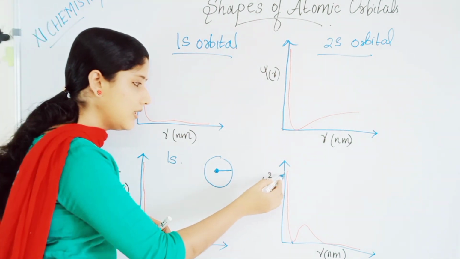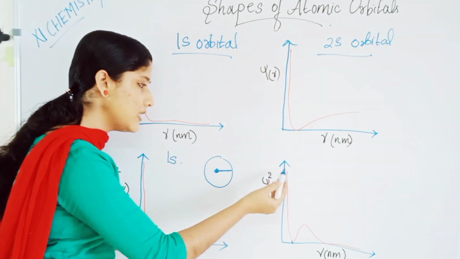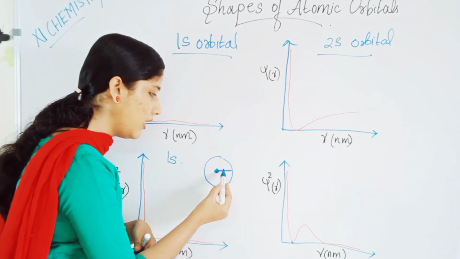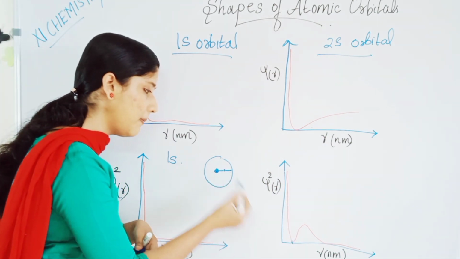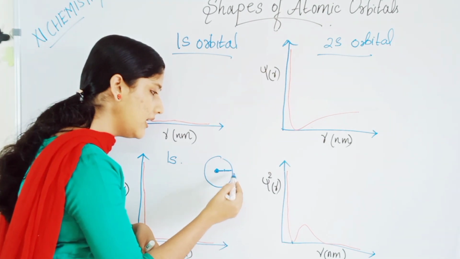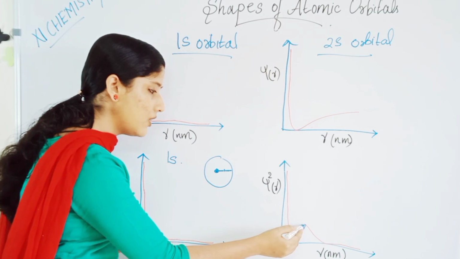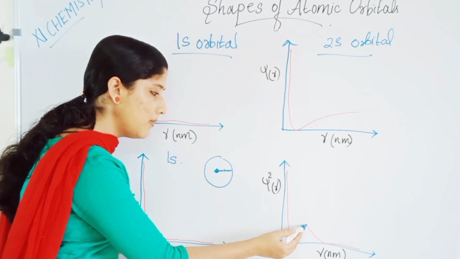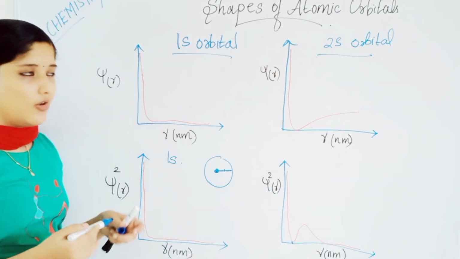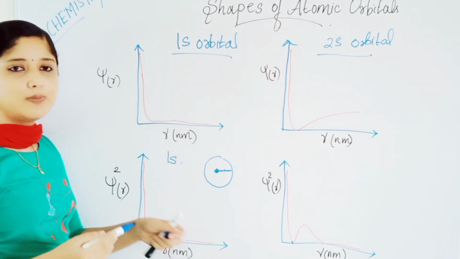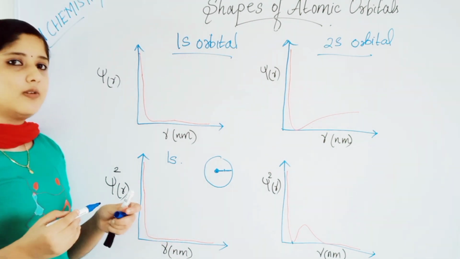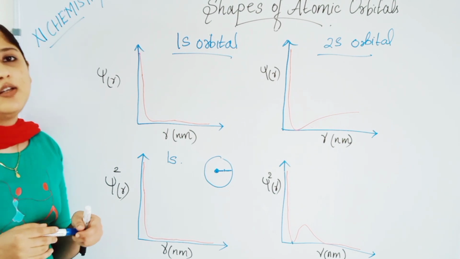First, near the nucleus the probability of finding the electron is very high. Then it goes on decreasing until, at a particular radius, the probability becomes 0. Then it again increases. The probability of finding the electron again increases, reaches some maxima and then decreases as the radius increases. This is the meaning of these plots, psi square versus radius, probability density versus radius for the 1s and 2s orbitals.